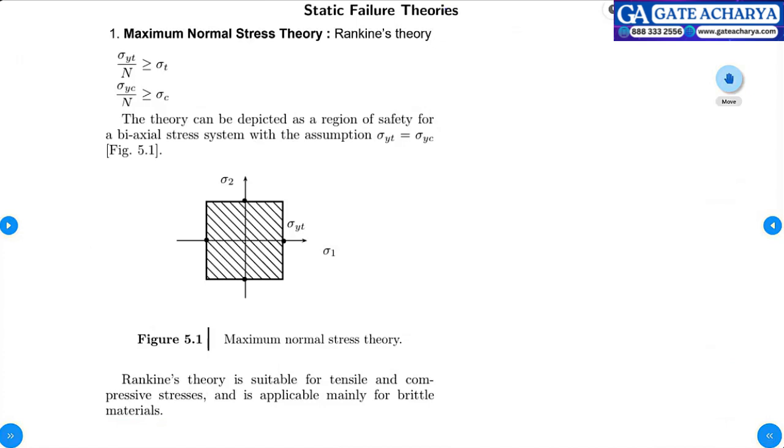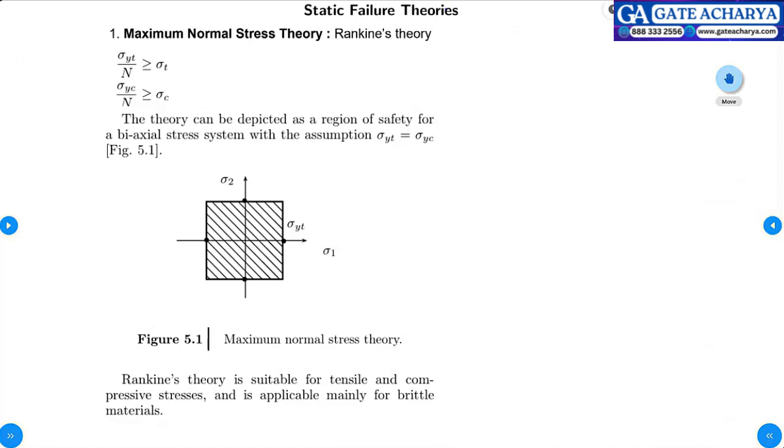At the time of application, if the normal stress at a particular point reaches the yield value of the specimen, failure will happen. This is what has been said in the maximum normal stress theory. So sigma yt by n greater than or equal to sigma t, then sigma yc by n greater than or equal to sigma c.